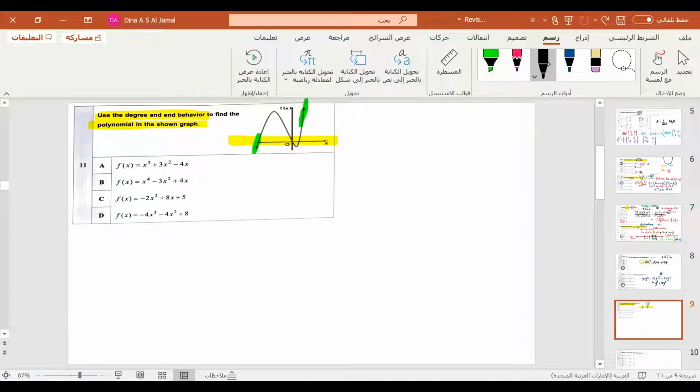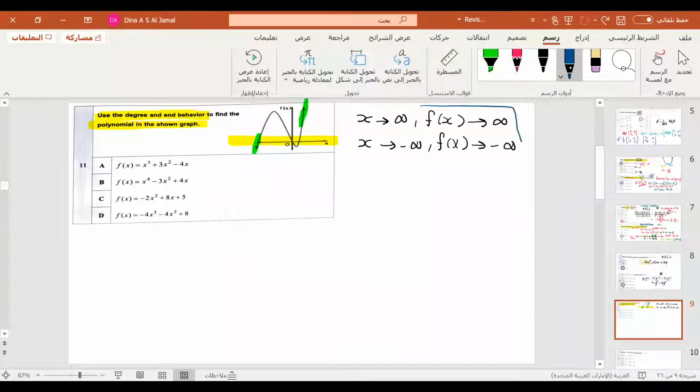As x is going to infinity, my f of x will also go to infinity. But when x goes to minus infinity, what will happen to f of x? It will go to minus infinity. That means your end behavior is in a different direction. And when it is a different direction, that means it is an odd degree.